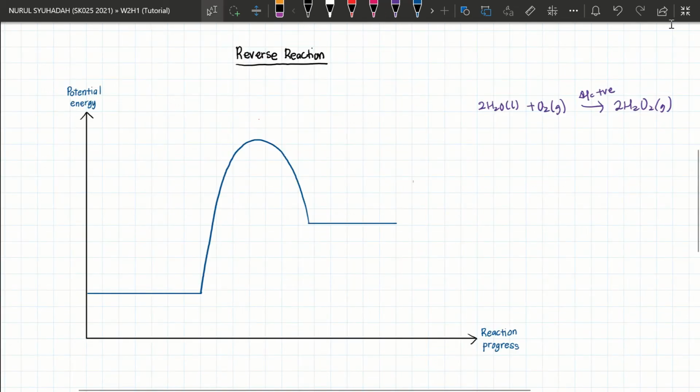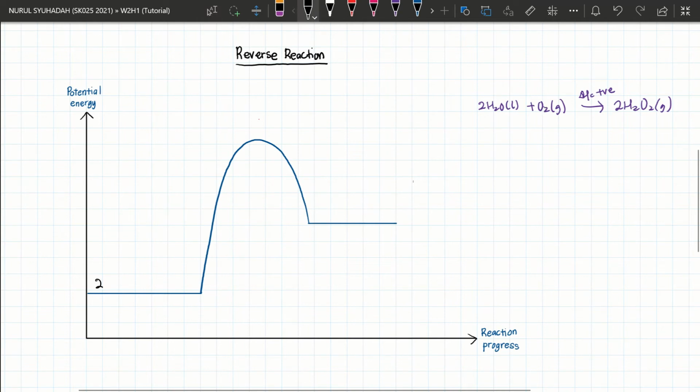So here I already drew the shape for the energy profile diagram. Okay, our reactant will be down here since it's an endothermic reaction. The product is here, and then the curve. So let's label our energy profile diagram. Now our reactant is 2H2O and O2.